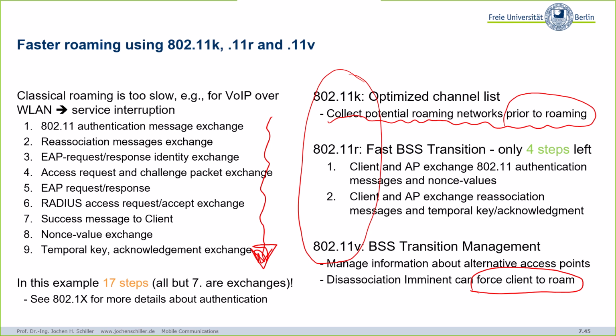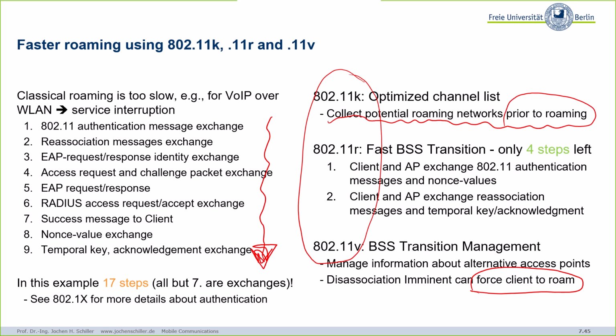So why not force the client to roam if the system, so the access point, sees that you manage lists about access points and you can see, okay, there are better access points. So you can force the client to roam.